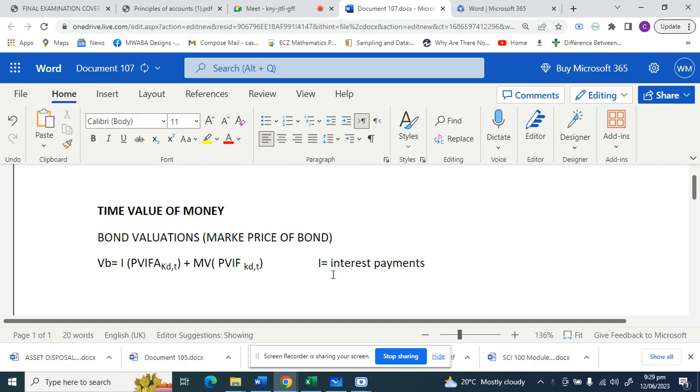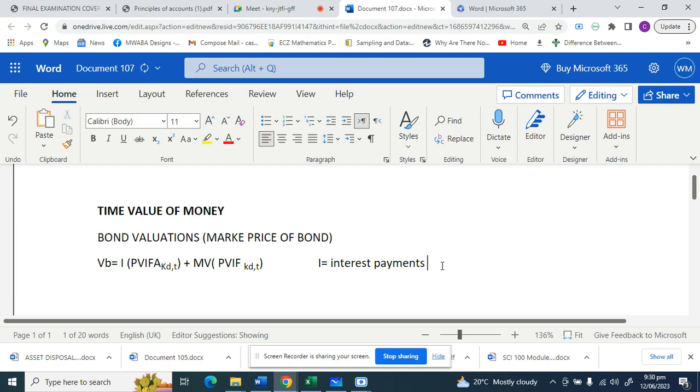Since the interest payments are the same, they are treated like an annuity. They are received at the end of the year, so they are ordinary annuities. That's why you have this PVIFA, the annuity factor.